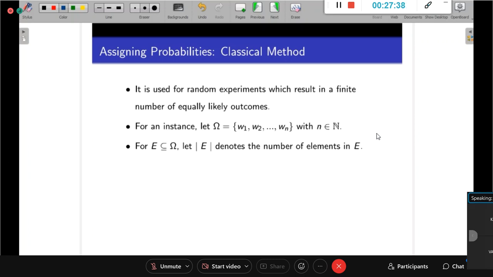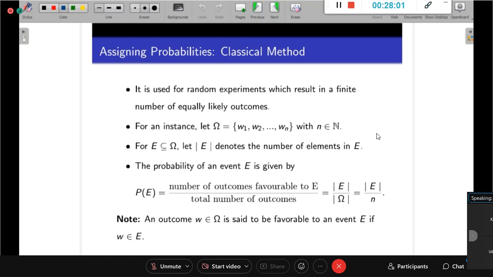Whenever you have a finite sample space, what I mean by finite is that the number of elements is a fixed natural number n, known prior. It could be 2 items, 3 items, or whatever. Without any delay, I can go straight to the final one.